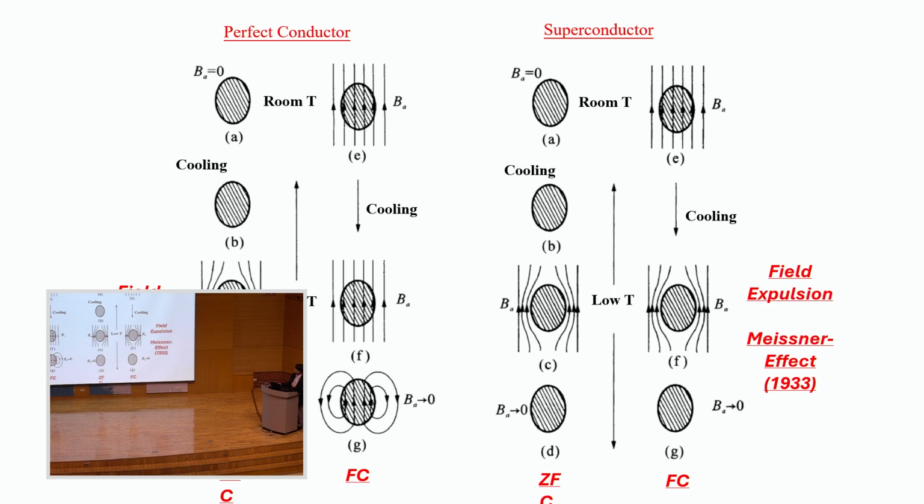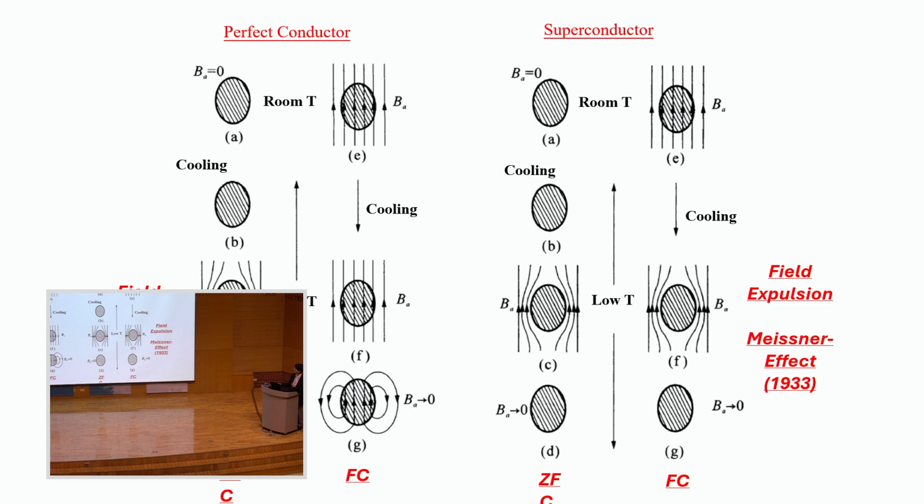Now, I particularly show this curve because it's involved with the current debate on room temperature superconductivity. As I mentioned, usually the best way to demonstrate that the material is superconducting is for it to show the Meissner effect.